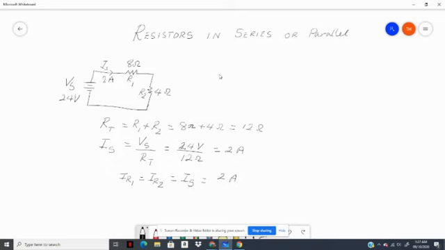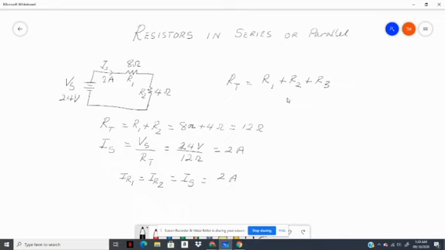If we had 3 resistors, we could write that our total is equal to R1 plus R2 plus R3. And if we had a larger number of resistors, like 10, 12, whatever, we simply say N. So we will have N number of resistors.